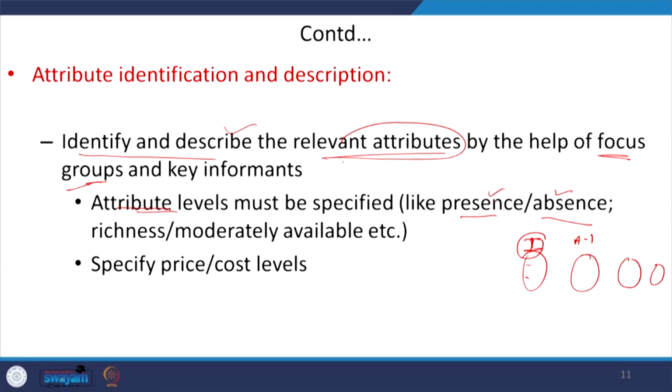So, in case of this original situation, what is the price or cost level that the focus groups are talking about, and how are they going to pay for it if they need a better change. And in the second one also we are narrating all these attributes and labeling them. Then we can also specify the price or cost level associated with this alternative 1 scenario and likewise.